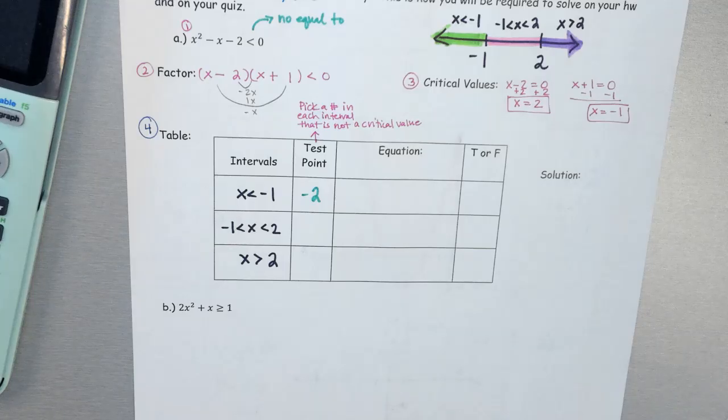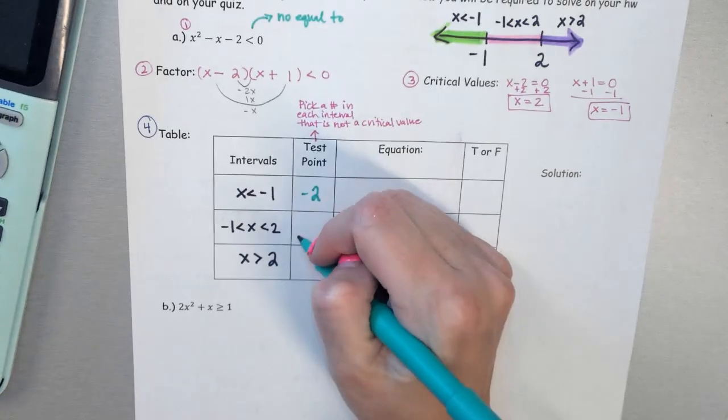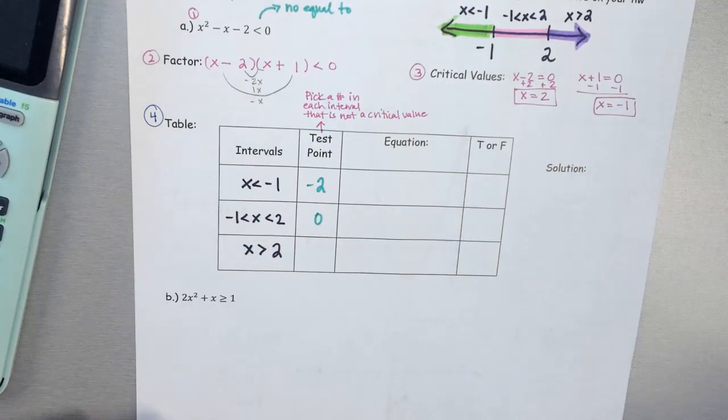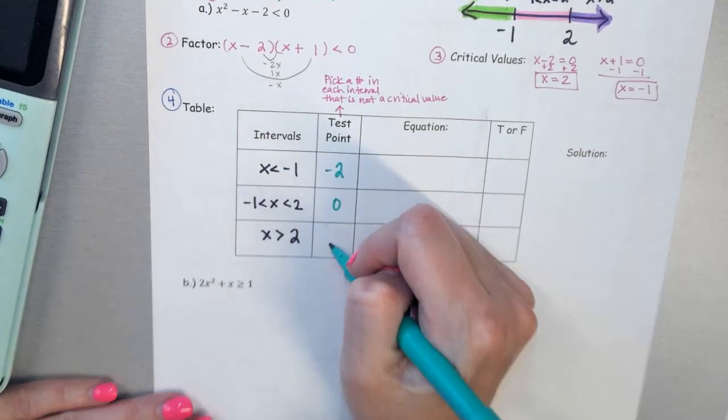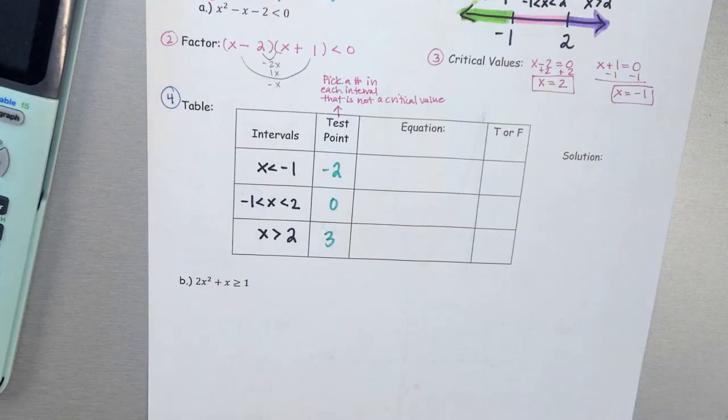Okay, and then from the second interval, -1 to 2, what are some numbers in between there we could choose? 0 or 1. Okay, I always think 0 is going to be the simplest to compute, so that's what I would choose. And then if x is larger than 2, what's the first number larger than 2? 3. All right, now I want you guys to plug these into the original equation.